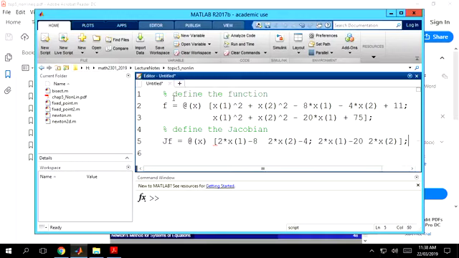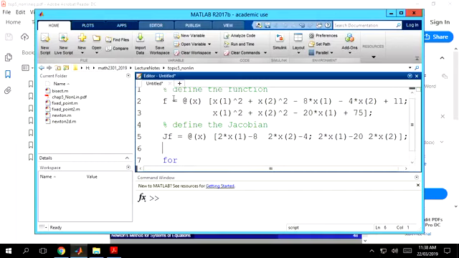So this is my Jacobian, yeah? And now I just implement the method. So I just define x1 to be 2, 4. Remember? So this is the initial guess.